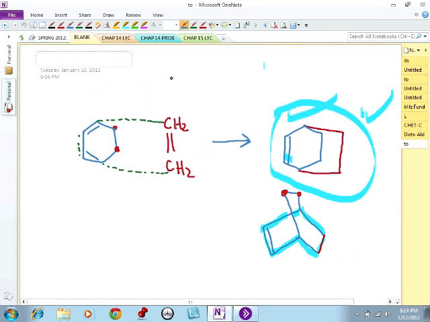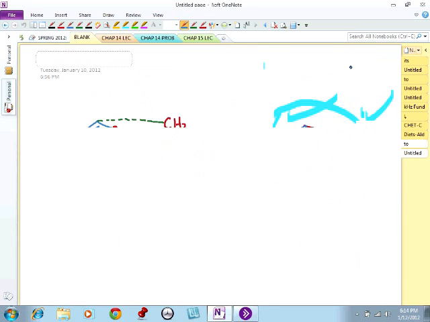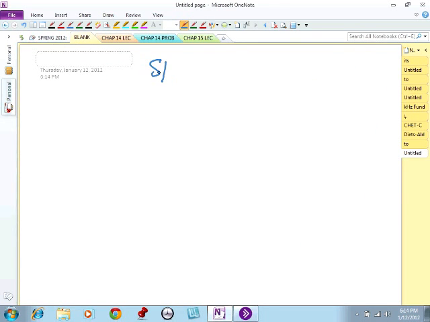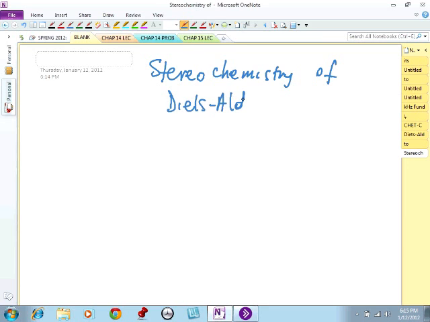To give you more about the stereochemistry, let us talk about the stereochemistry of the Diels-Alder reaction. Say, for example, you start with this molecule here. Of course, this is your diene.